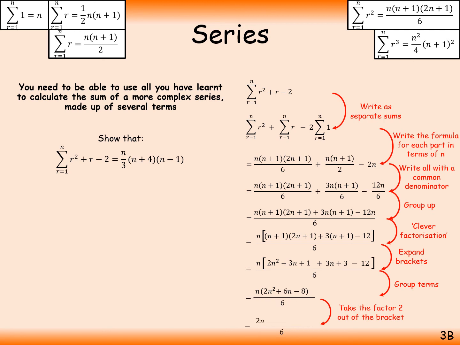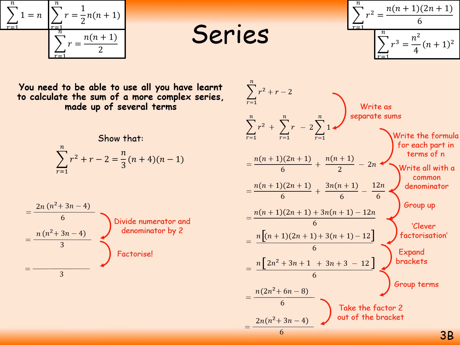So here they're all even, so we could take a factor of 2 outside. And then simply the 2 and 6, we could just simplify that further down. And now we've got a quadratic inside the bracket. So if we factorize the quadratic, it will give us the result. And this is what it's said to show. So you can see there's a huge amount of algebraic manipulation involved here.